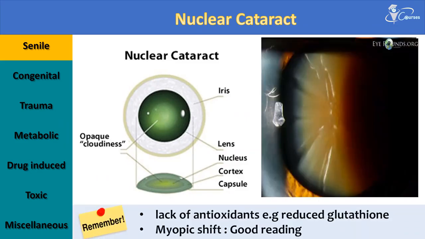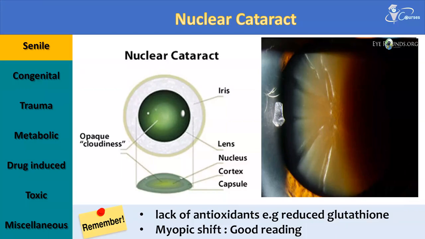So to summarize, the nuclear cataract mainly appears in the nucleus. Why does it appear in the nucleus? Because the nucleus is in the center, so it is away from the aqueous and the vitreous, and those are the sources from which the lens acquires the reduced glutathione.